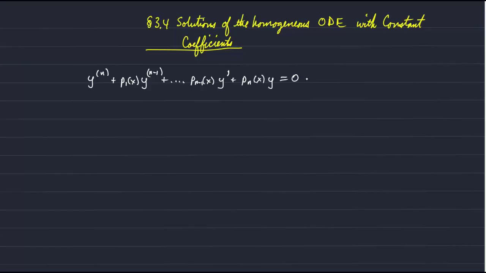So there's no term that's independent of y, so the right-hand side is 0, and the p's are the coefficients. And in the case of constant coefficients, the p's here will be constant. They're independent of x and constant.